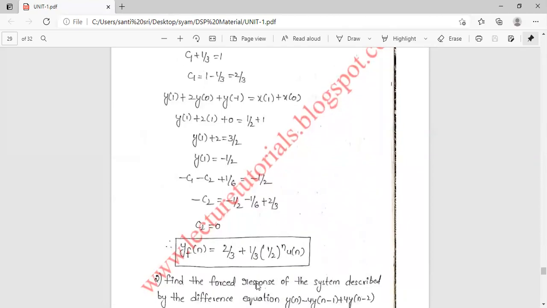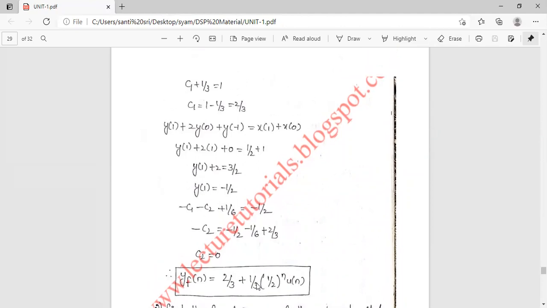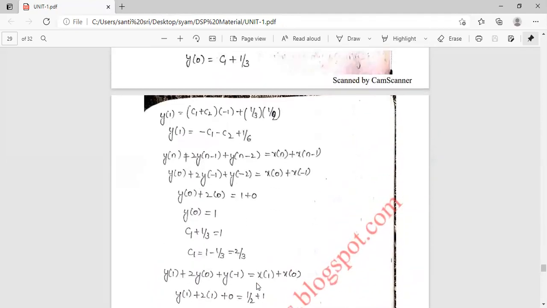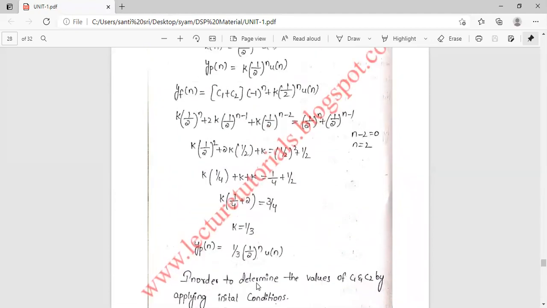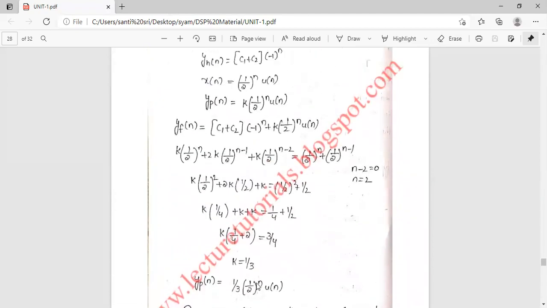Like this, by substituting these values, finally we'll write the solution for the forced response, that is y of n is equal to 2 by 3 plus 1/3 into (1/2)^n into u of n. 2 by 3 is nothing but c1 plus c2 into (-1)^n. Okay, that is the solution.